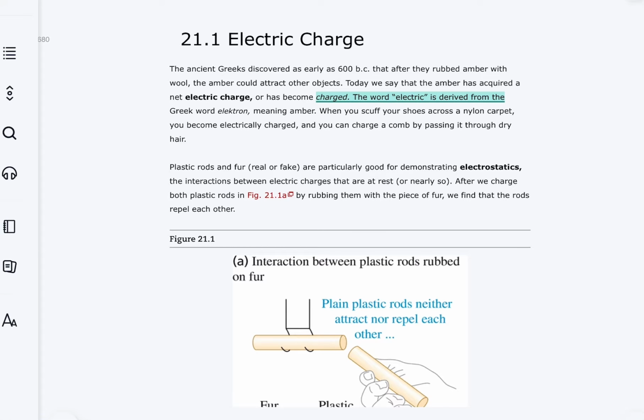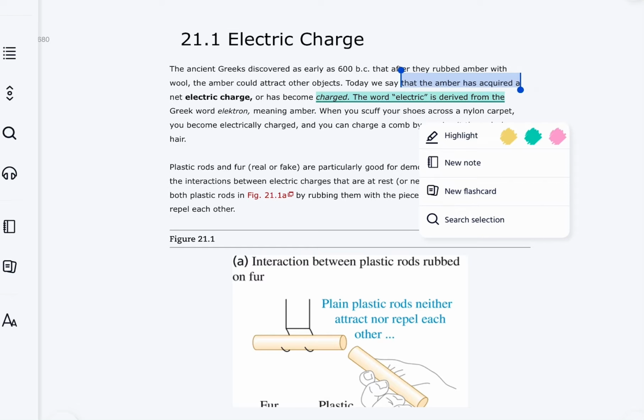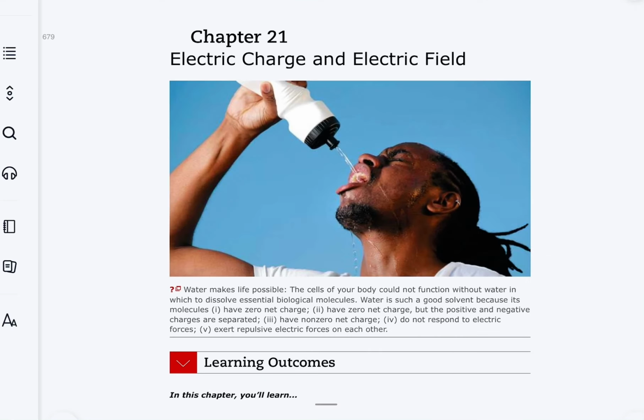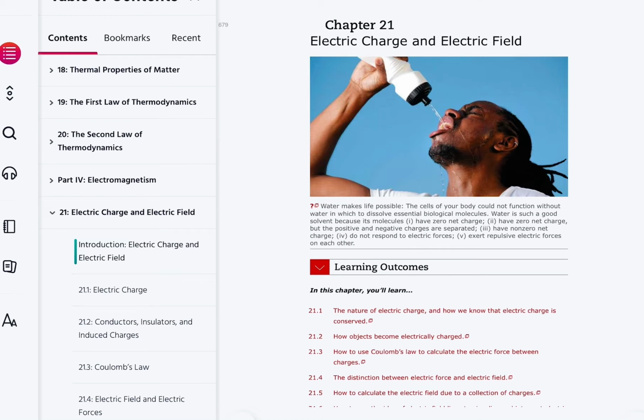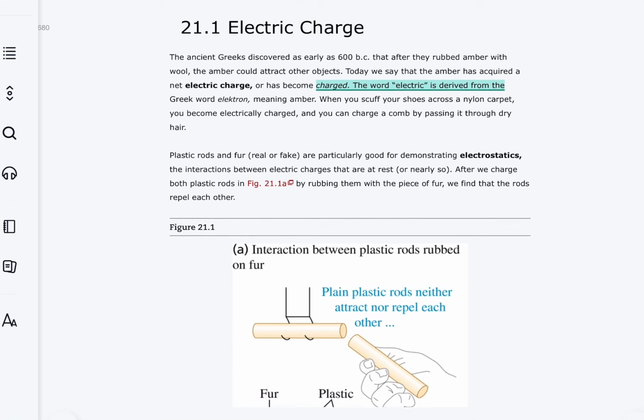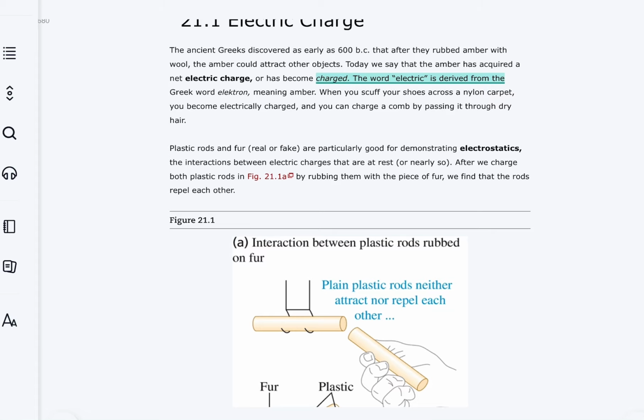The ancient Greeks discovered as early as 600 BC that after they rubbed amber with wool, the amber could attract other objects. Today we say that the amber has acquired a net electric charge, or has become charged. The word electric is derived from the Greek word electron, meaning amber.